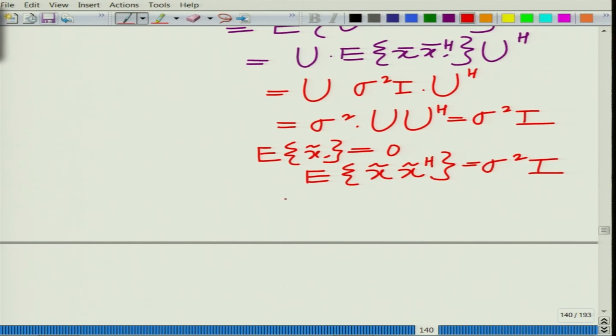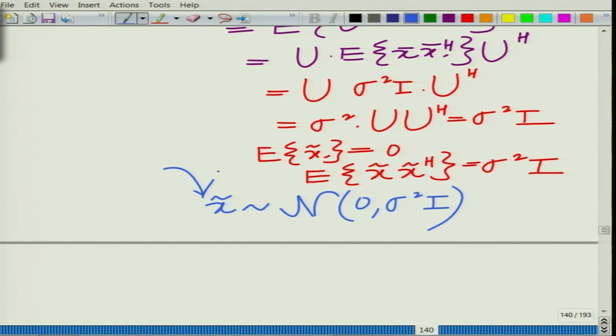And therefore, x tilde has a multivariate Gaussian distribution. Since this is a linear transformation, as we have seen earlier, a linear transformation of a multivariate Gaussian gives another multivariate Gaussian.